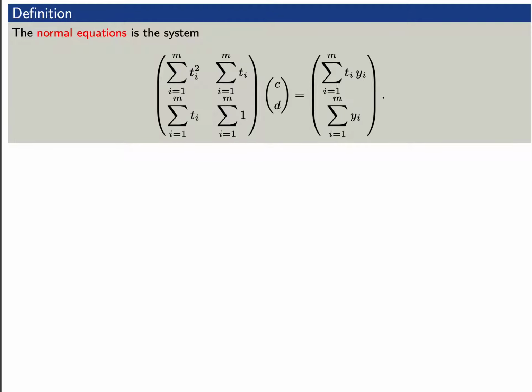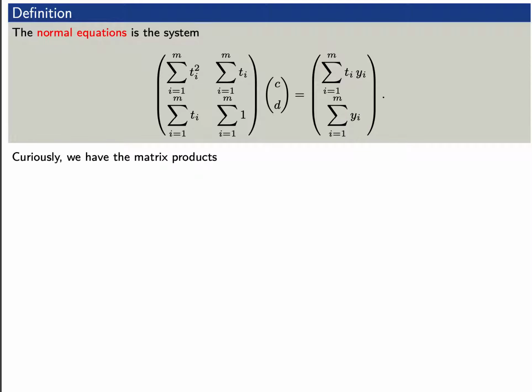The normal equations are the equations that you see here. Here we multiply a 2 by 2 matrix that consists of the sums of the t sub i's times our two-dimensional vector (c, d), which will equal another two-dimensional vector which consists of the sum of t_i times y_i.